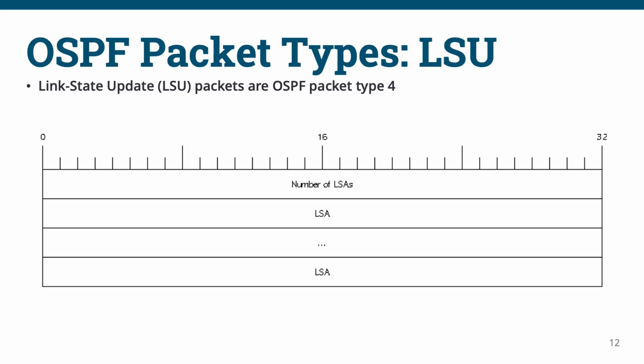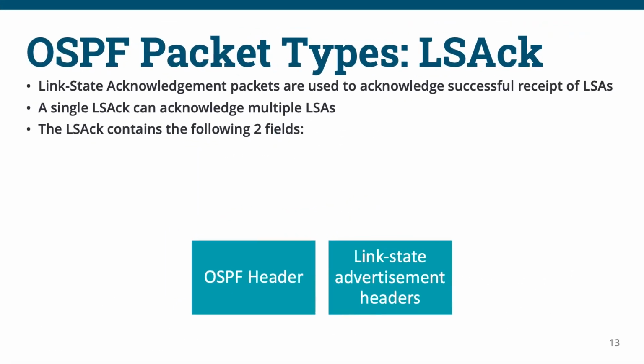This allows for the transmitting router to validate the receipt of the LSAs and retransmit any that were not received for whatever reason. This leads us into our final OSPF packet type, which is the link state acknowledgement, or LSAC packet. As we just described, the LSAC packet is used to acknowledge successful receipt of LSAs.